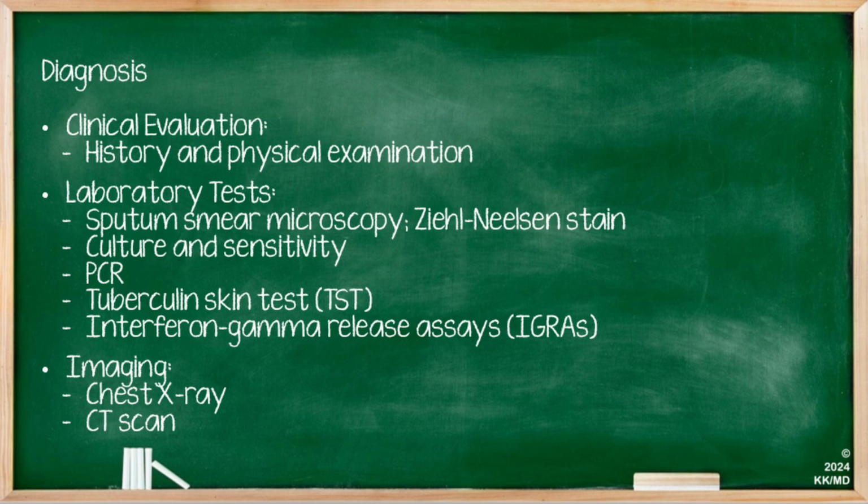So the diagnosis is made through clinical evaluation, including a history and physical examination. The important laboratory tests include sputum smear microscopy for Ziehl-Neelsen staining, culture and sensitivity, PCR testing, tuberculin skin test, as well as IGRA or interferon gamma release assay.